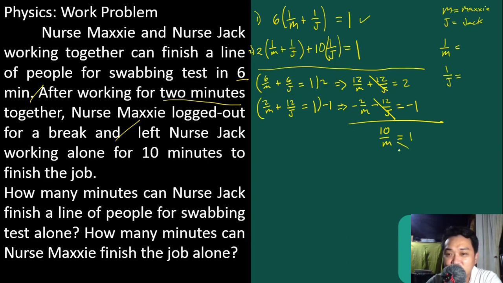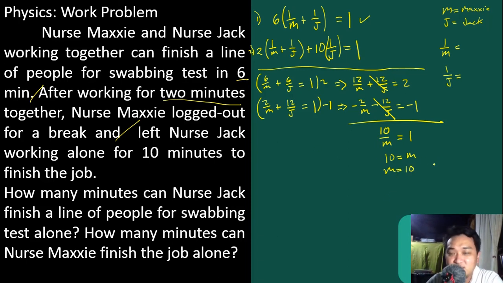And if we cross multiply, ang magiging katabi ni 1 si M, tapos ang magiging katabi ni 10 si 1. So that is also the same as 10 is equal to M, or M is equivalent to 10.